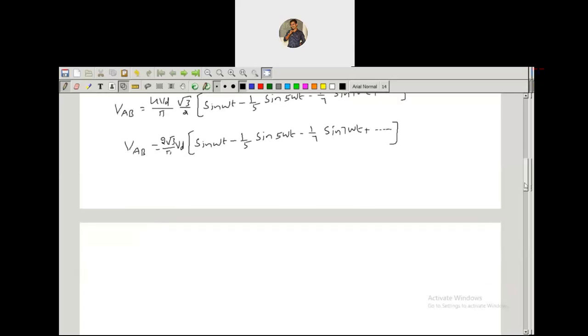Okay. So now this is the line to line voltage. Let me find out the line to neutral voltage.